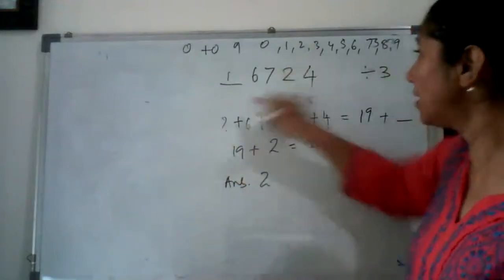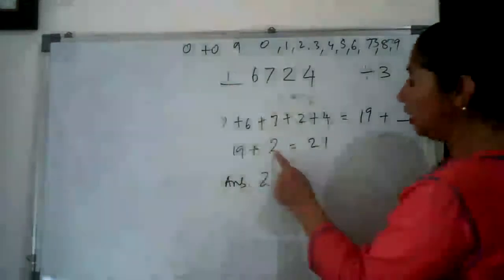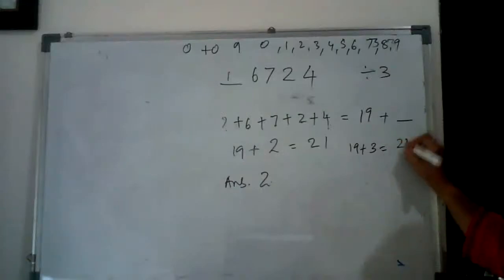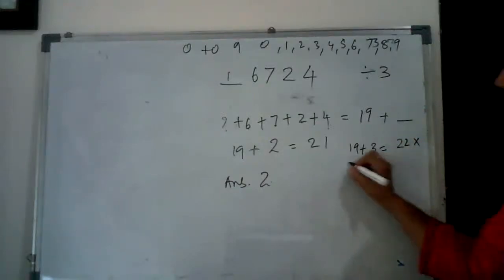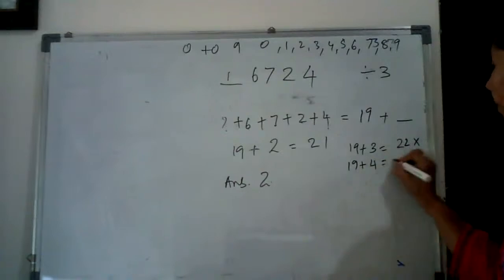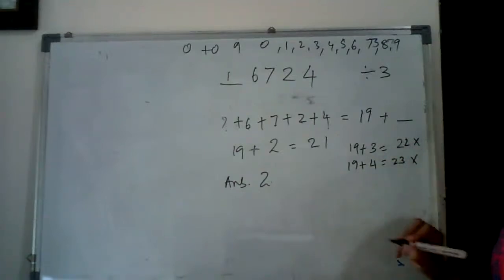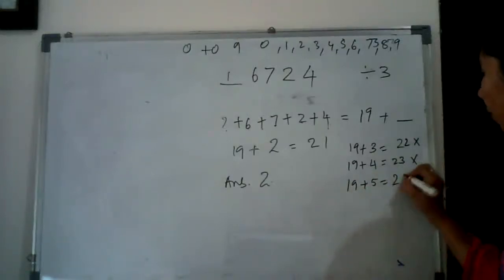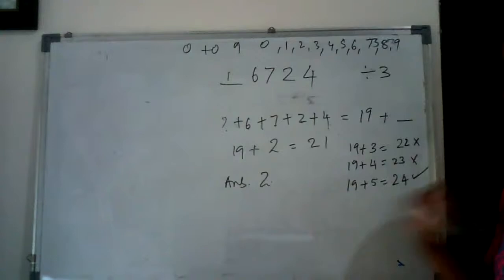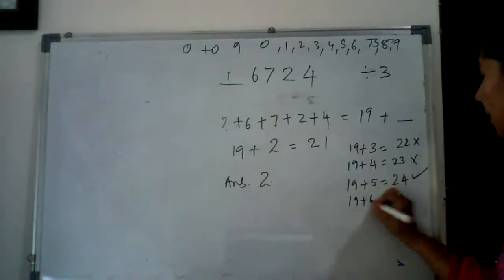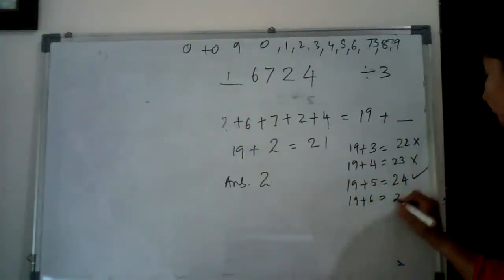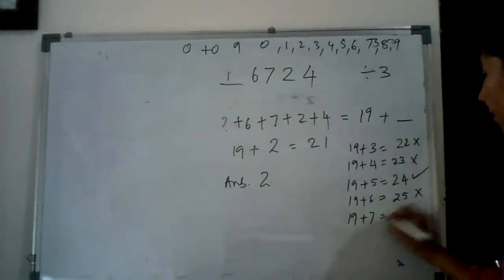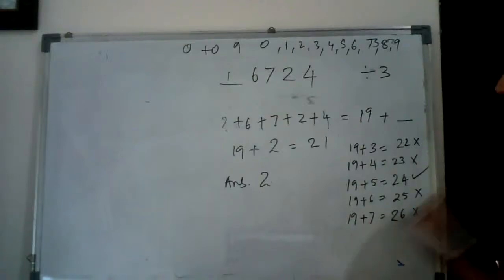So if I start with 3, 19 plus 3 is 22, which is not in 3's table. 19 plus 4 is 23, which does not fit as it doesn't come in 3's table. 19 plus 5 is 24, you know that it comes in 3's table. 19 plus 6 is 25, doesn't come in 3's table. 19 plus 7 is 26, doesn't come in 3's table.